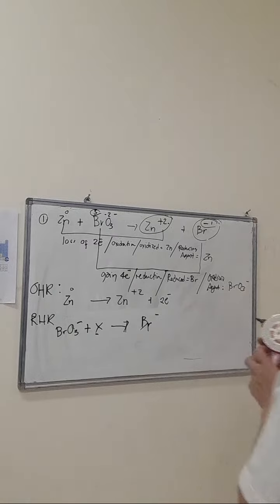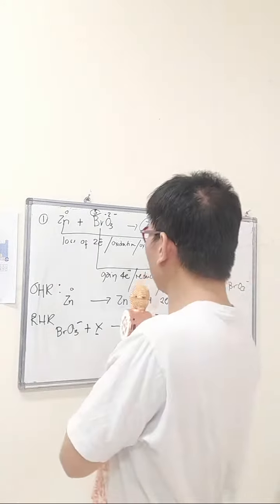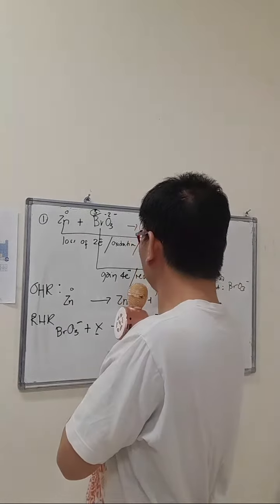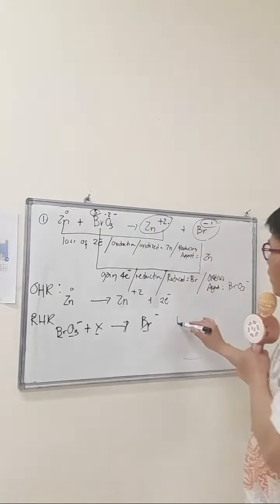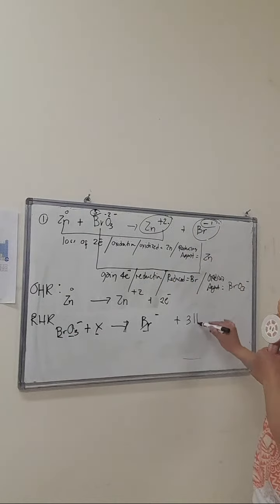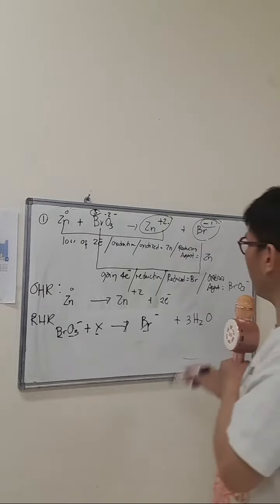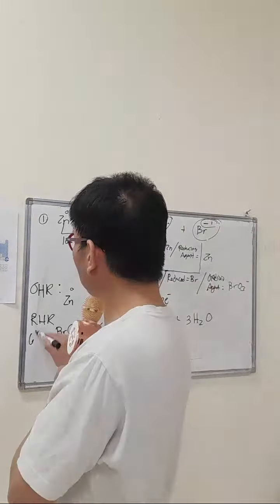So what will be happening here? Now, balance the number of moles. So bromine is correct. And then 3 moles of water will be added here, and 6H positive.